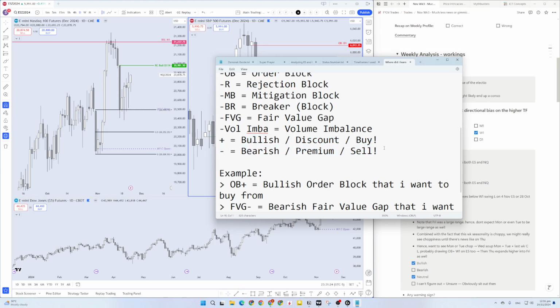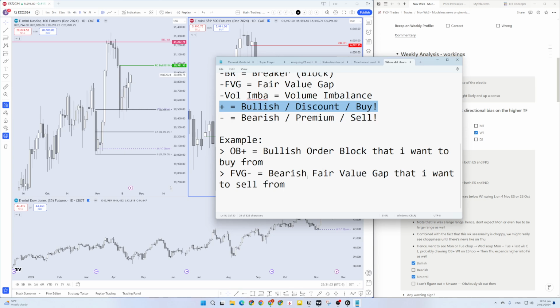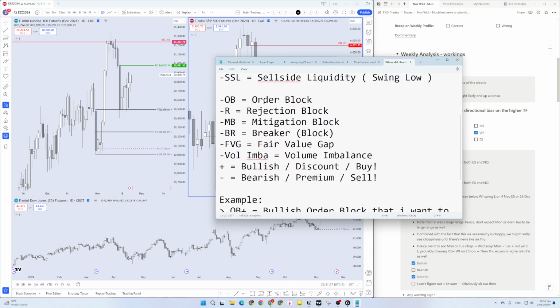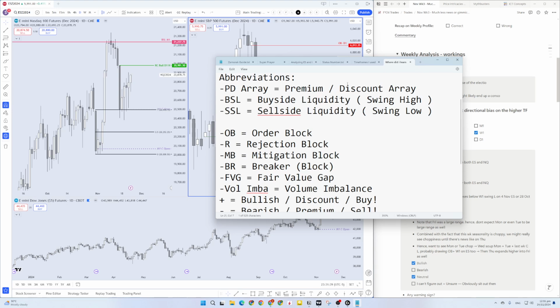Or it can be the opposite, whereby I sell from a minus level and I want to buy back my short position at a discount level. Okay, so the plus and the minus tells you whether it is a premium or a discount. So now I can add this in. Premium is minus, and discount.